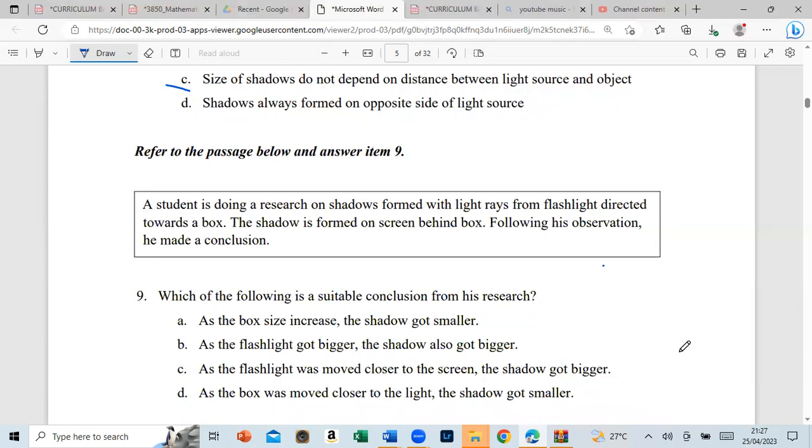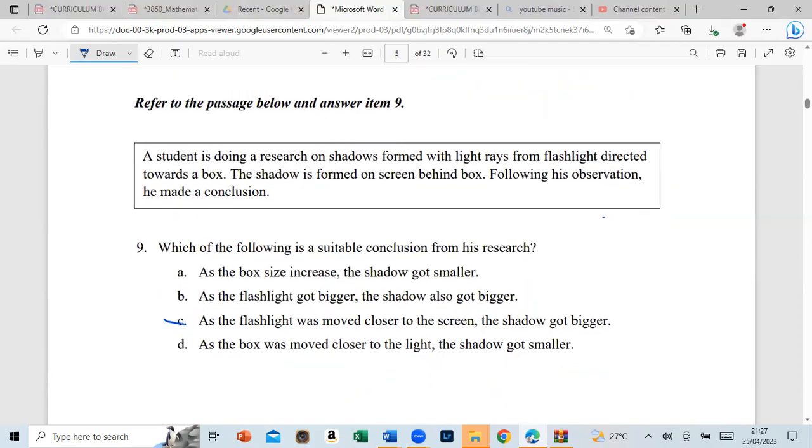Which of the following is a suitable conclusion from his research? As the box size increased, the shadow gets smaller. As the flashlight got bigger, the shadow also got bigger. As the flashlight was moved closer to the screen, the shadow got bigger. I'm going to go with C. All right, let's move on to 10.